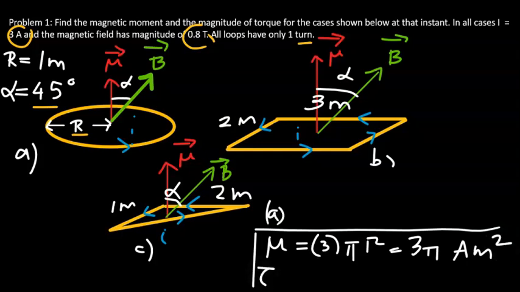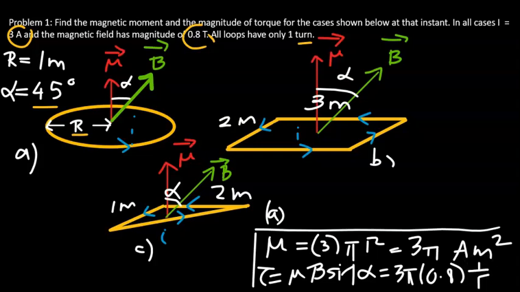Now the magnitude of the torque is given by the magnetic moment that we have already computed, the magnetic field magnitude, times the sine of the angle between these two vectors, alpha. So mu is 3 pi, B is 0.8 Tesla, and sine 45 is 1 over square root 2, which will give you about 5.33 Newton meter.